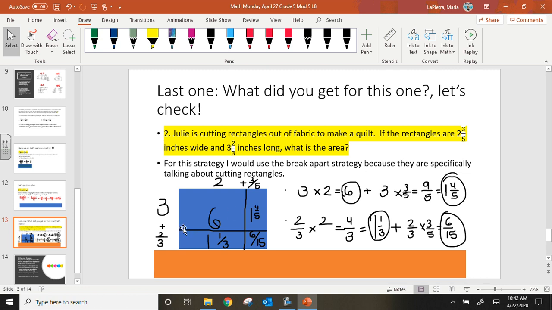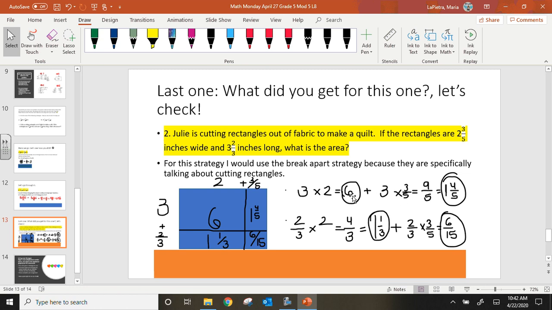My next one should be 2/3 times 2, and I got 4 over 3. That, which I got 1 and 1/3 when I divided that out because that is an improper fraction, I'm sorry. Okay, now I have to do 2/3 times 2 times 3/5, and I get 6 over 15.